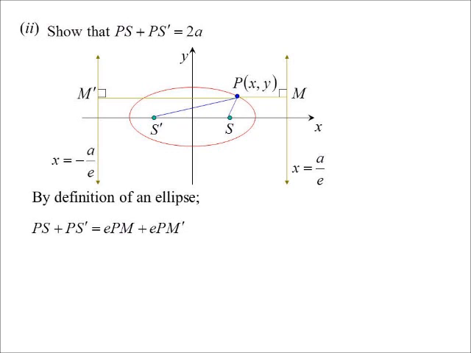Now, if I factorize E, I get PM plus PM dash, which turns out to just be a horizontal line. So I don't have to worry about going to the distance formula, the PS and PS dash, to work it out. I can use that. Well, PM plus PM dash, so the distance between the two directrices must be 2a over E. E's cancel, and it just drops out very nicely. It's just equal to 2a.